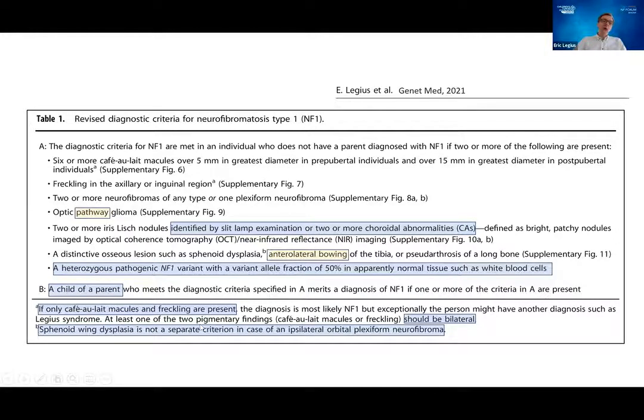We also added that for the pigmentary findings, café au lait macules and freckling, one of the two should be bilateral, because if they are only on one side of the body, it very likely is a sign of segmental neurofibromatosis type 1, which is a mosaic form of the disease.